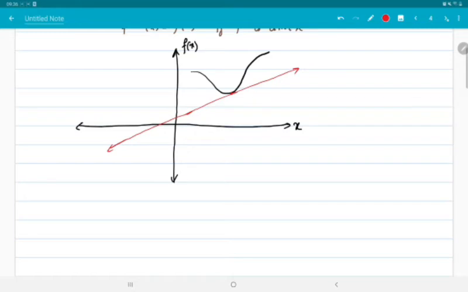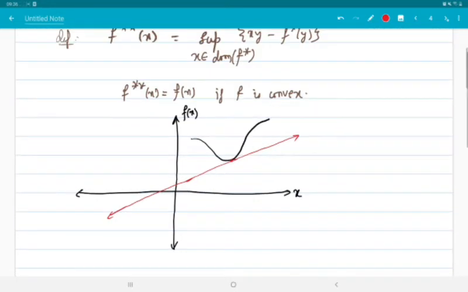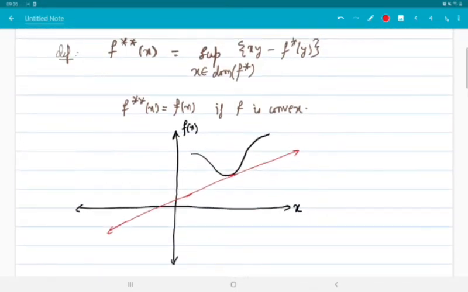Okay, so when we are talking about the double conjugate, this is our double conjugate expression. For any fixed x, what we do is, let us try to draw this.